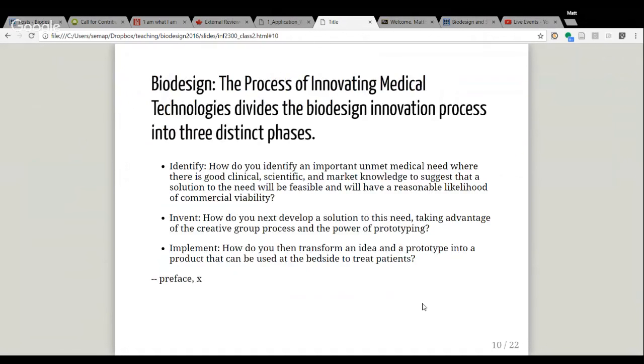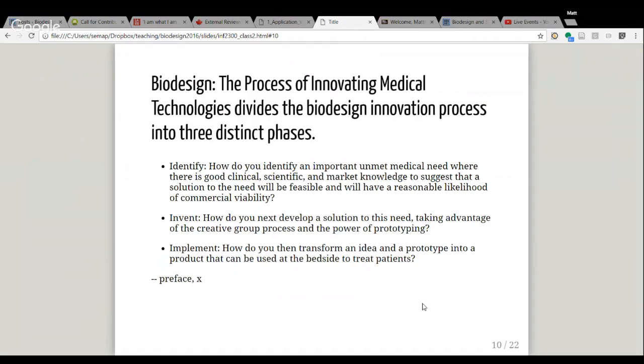To return to biodesign, this textbook that we're referencing and using in this class really focuses on 3 different stages of the overall innovation process. It talks about identification, invention, and implementation. For identification, it's really about identifying unmet medical needs.